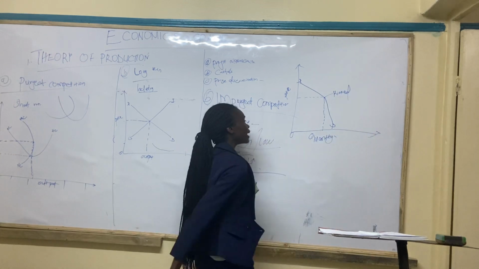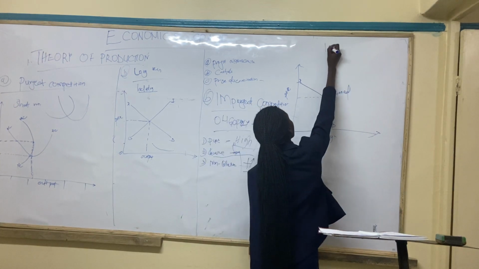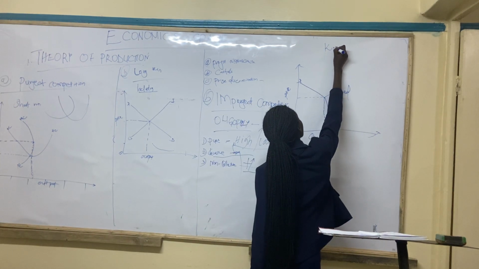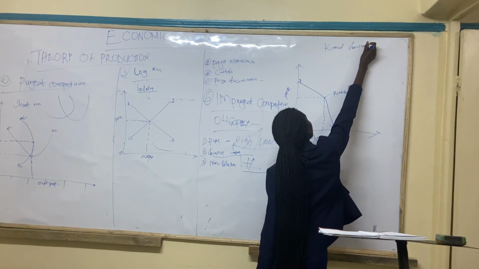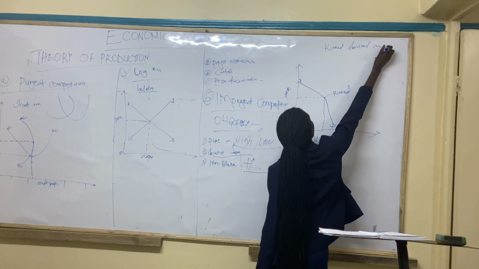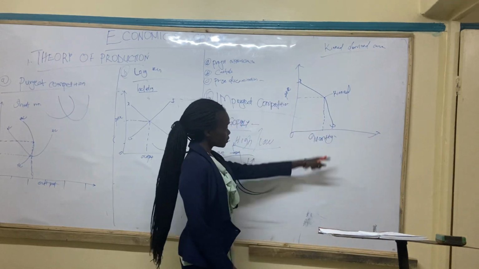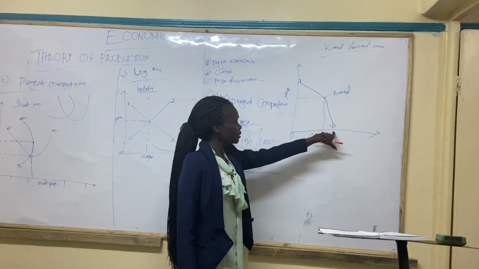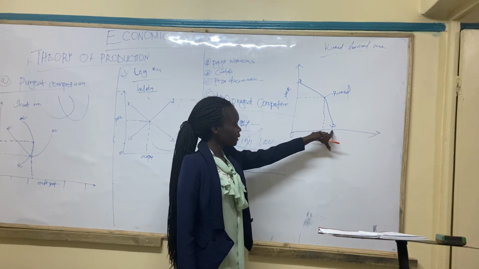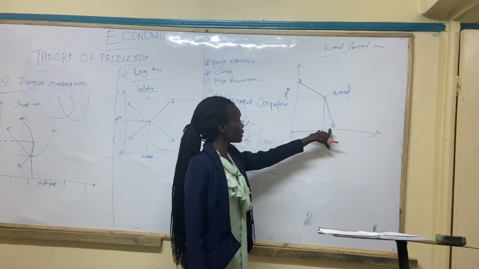It will be a kinked demand curve. This happens when the prices increase and the quantity demanded will be low due to the increase in prices.